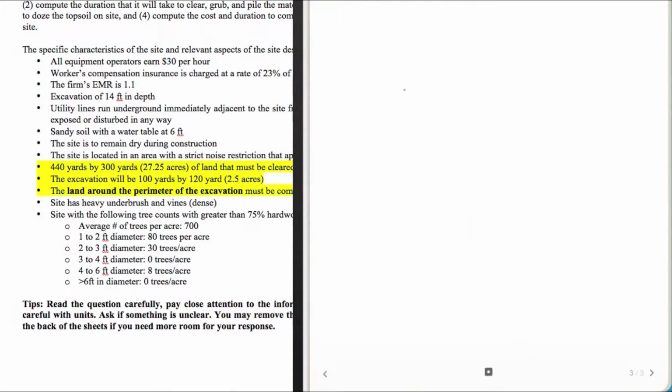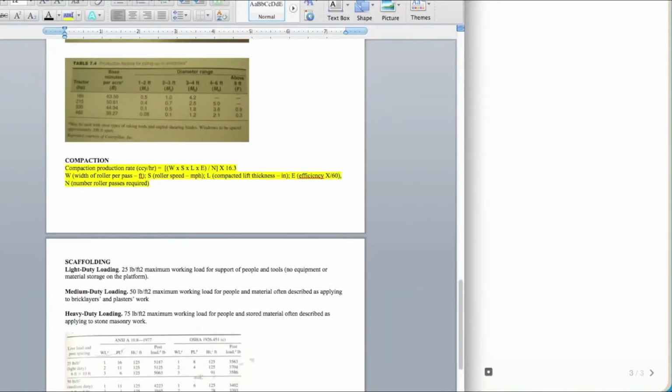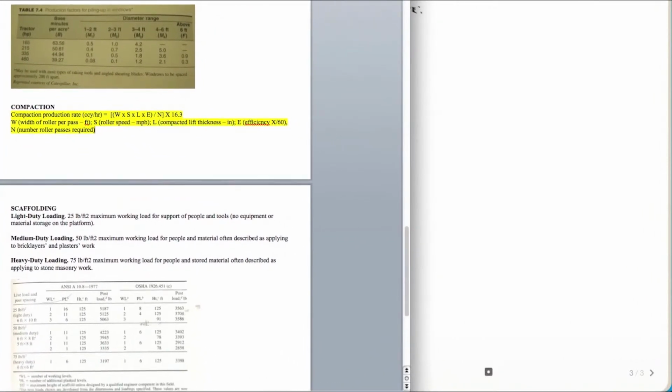So let's get started. First thing is, let's go ahead and find this compaction production, this compaction rate. Okay, and it'd be nice for us to have this handy.